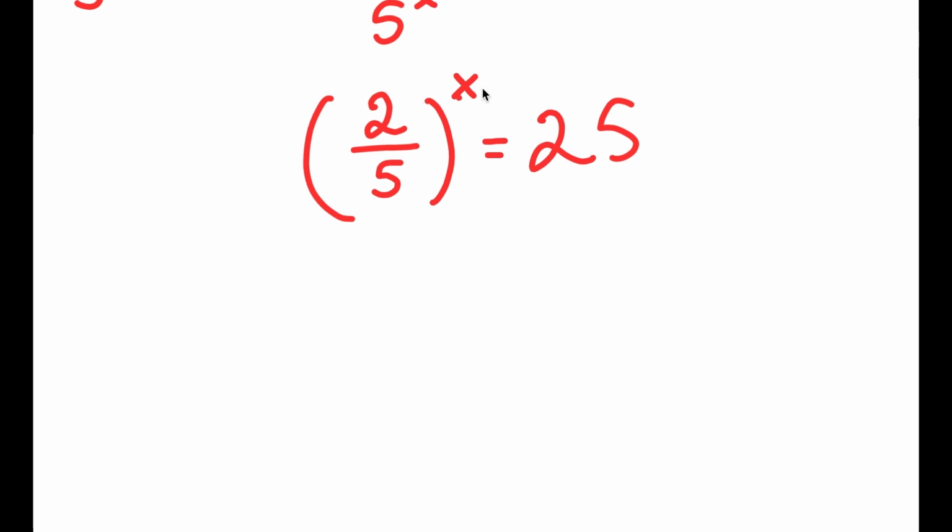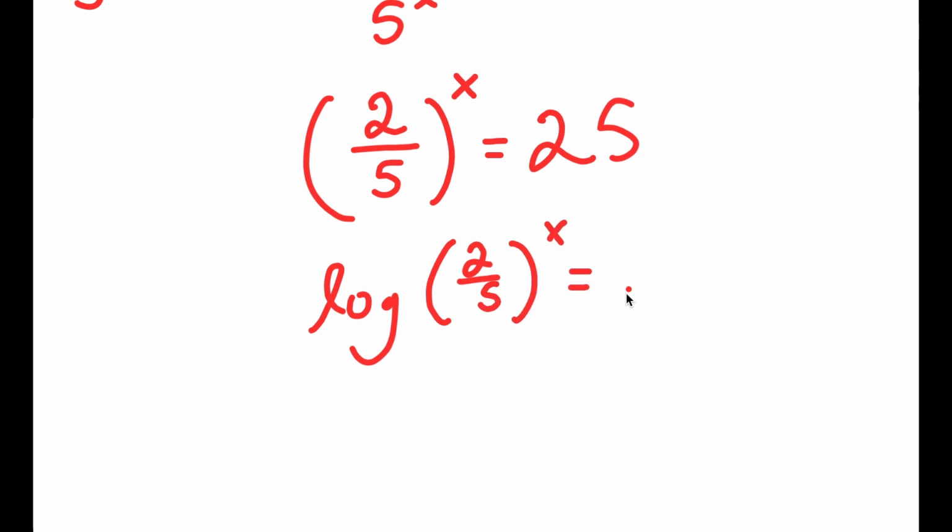Now from here, if we want to solve for the value of x, we're going to have to make it a real variable instead of an exponent. And to do that, I'm going to take the log on both sides. So I have log of (2 over 5) to the power of x is equal to log 25.